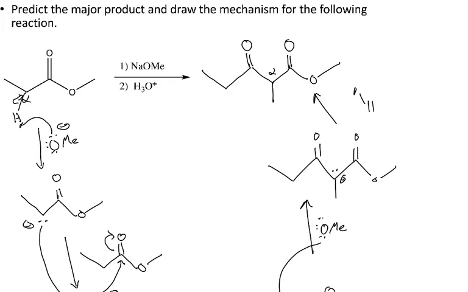I'm sorry, my pen is not working great, so that's why this H3O plus doesn't look great. But the lone pair steals those hydrogens, and that bond becomes a lone pair on the oxygen. And that's the mechanism for this Claisen condensation.